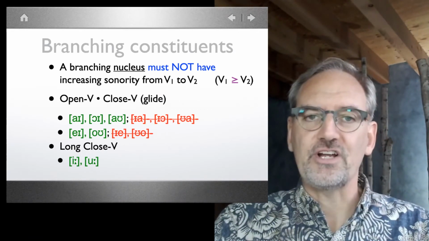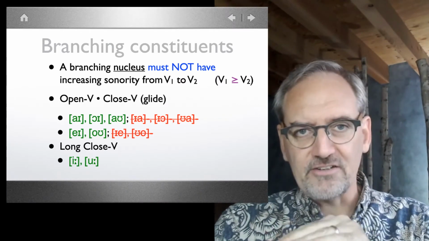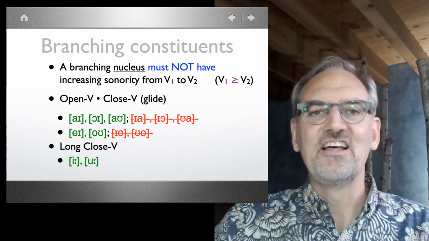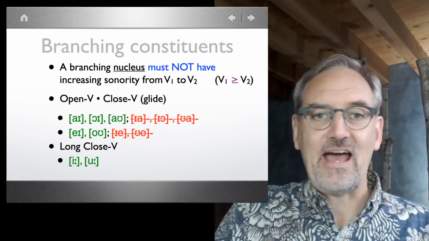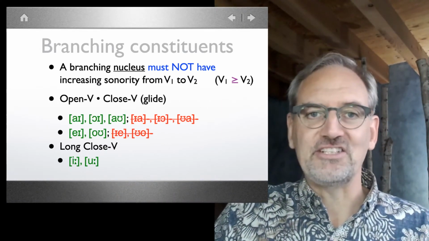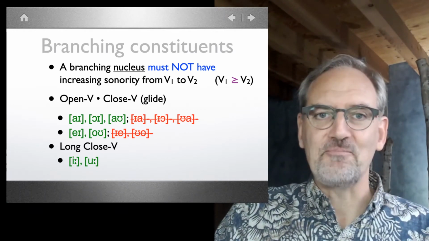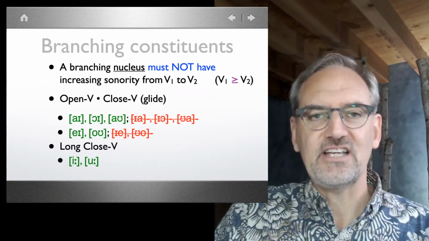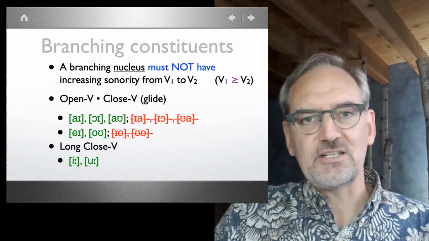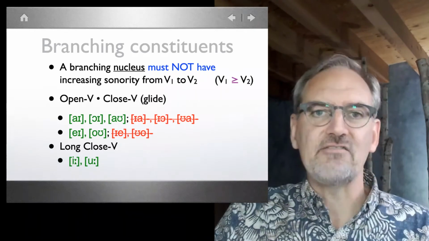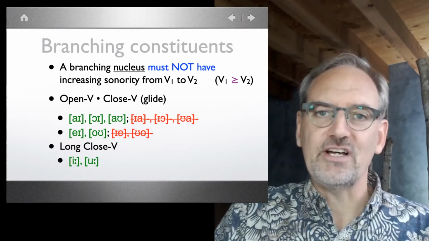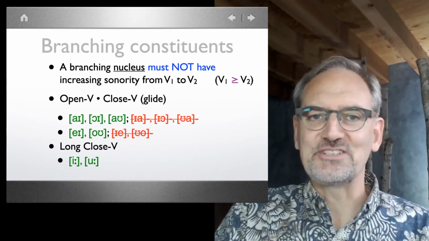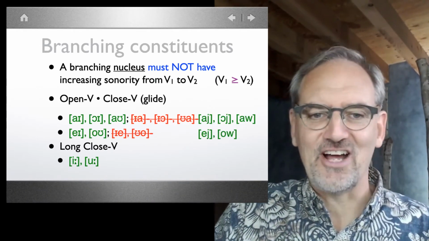It's not falling sonority, but it's clearly not rising sonority. And so it falls within the range of sonority patterns that are permitted in a branching constituent within the rhyme. It's the same restriction in the nucleus and in the coda. The difference is simply that the nucleus tends to have vowels and the coda tends to have consonants. I say tends to because we'll see some slight exceptions to that later on.